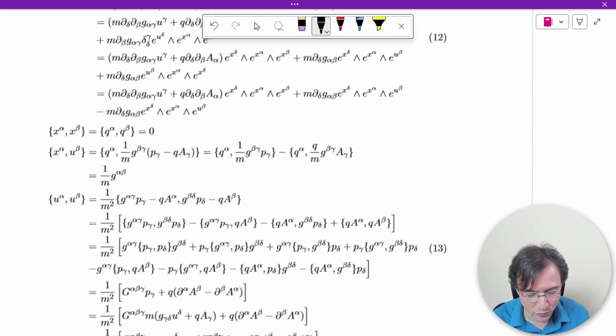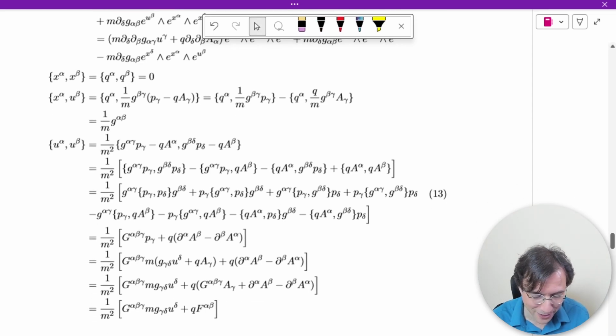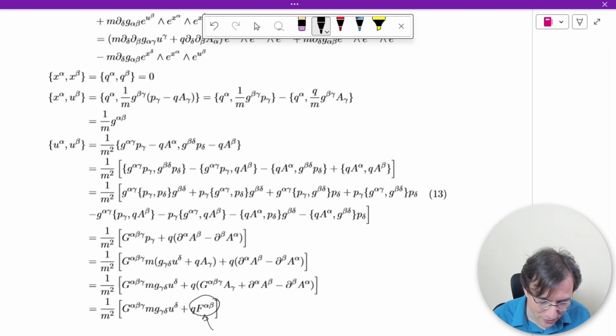The Poisson bracket between position and velocity now becomes the metric tensor divided by m. And the Poisson bracket between velocity and velocity has its term with the EM field, but also now gets this other term with this mysterious pseudo-tensor type thing.